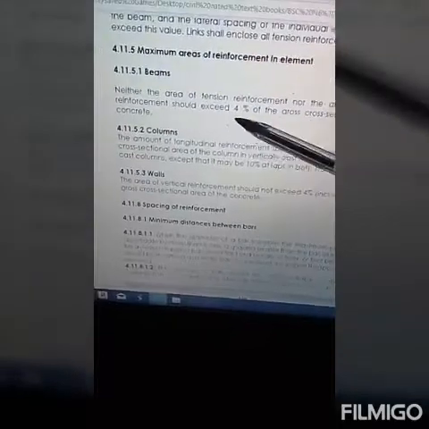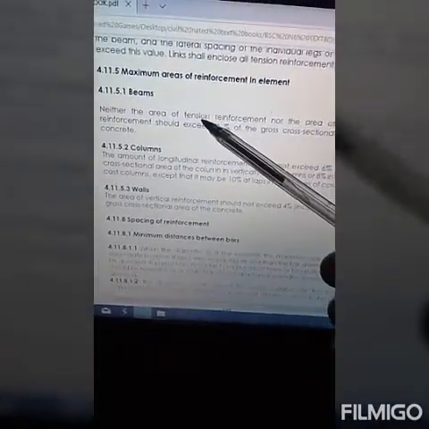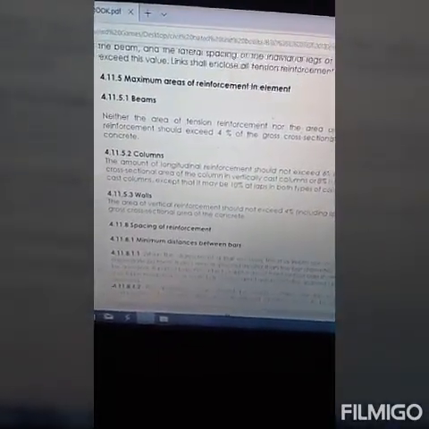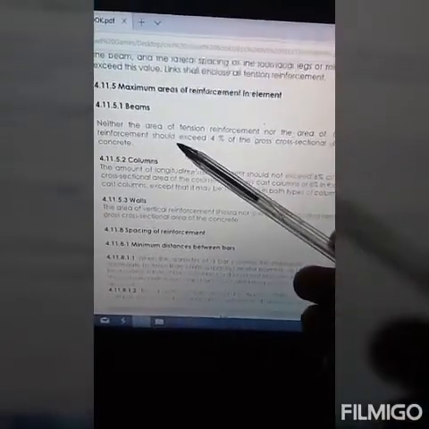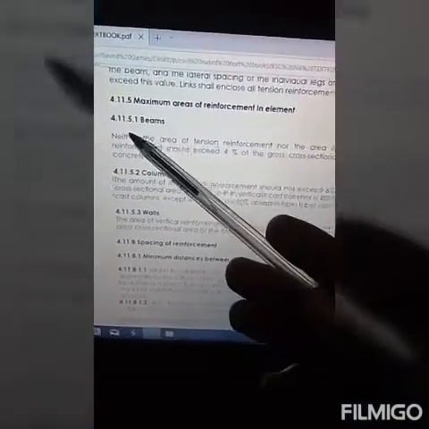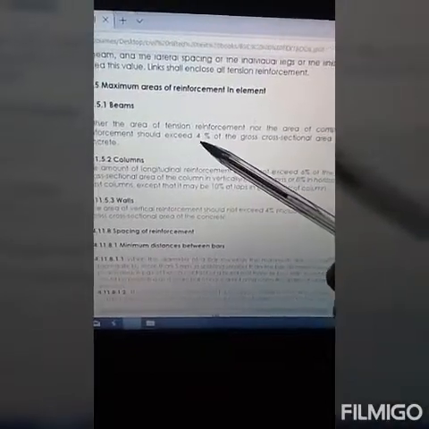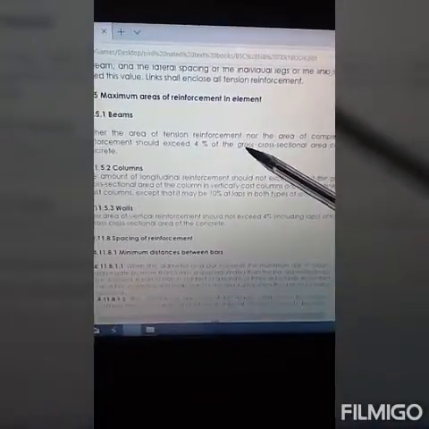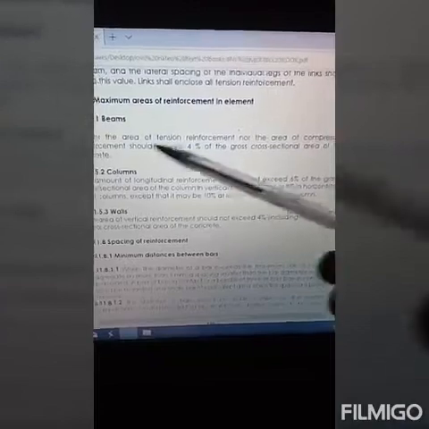So this 3,500, let's go back to the clause. For tension and compression, the reinforcement should not exceed the 4% of gross cross-sectional area of concrete.